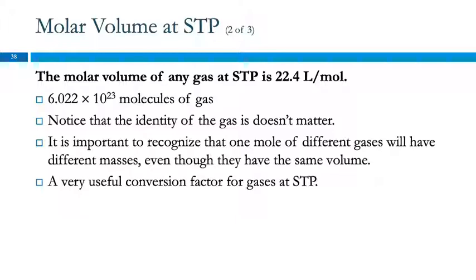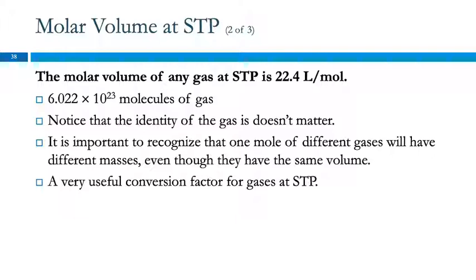So a mole is Avogadro's number of molecules. So 6.022 times 10 to the 23rd molecules of a gas at STP take up a volume of 22.4 liters. 22.4 liters is a cube about this big, like a good-sized packing box.